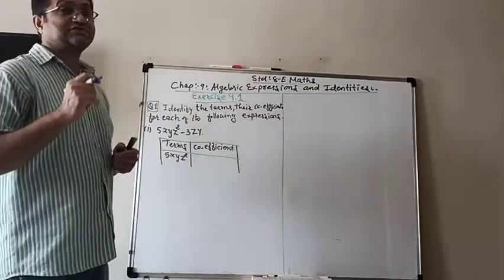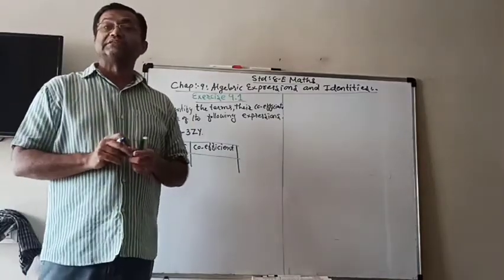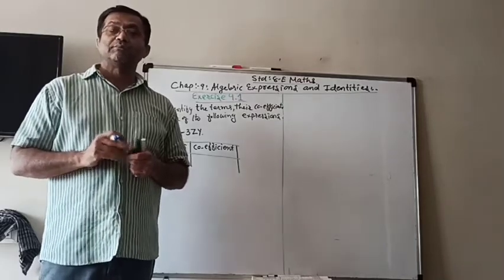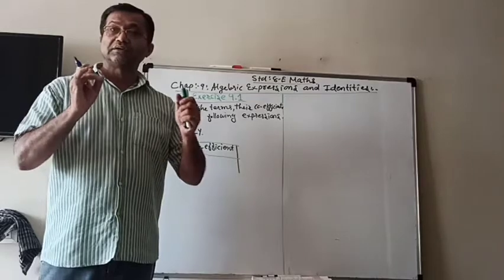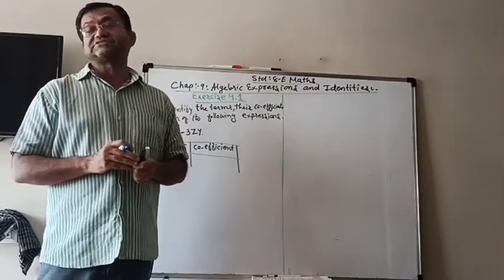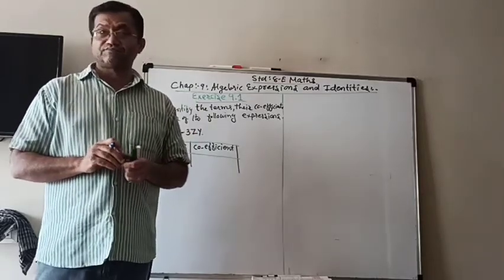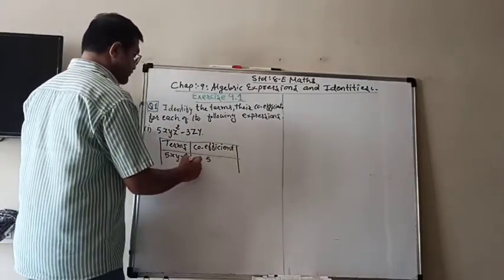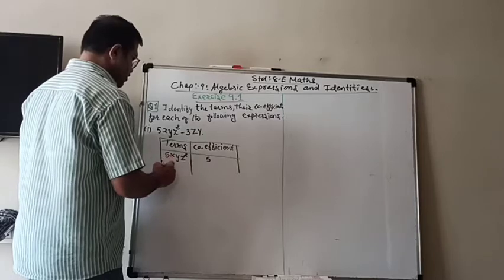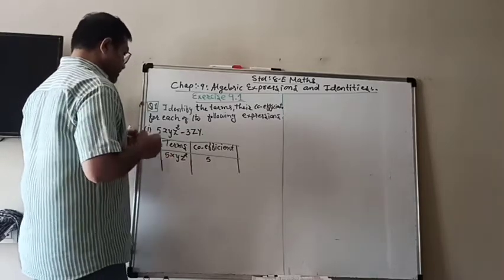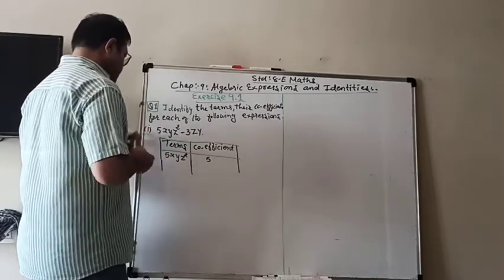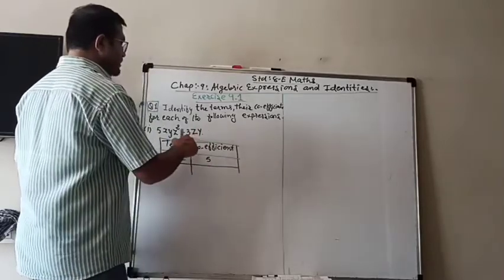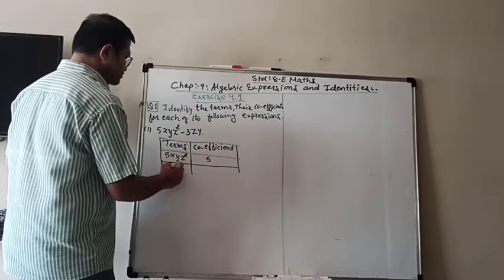Now we know what coefficient means? The numerical factor of the term. Means whatever the constant number is as a factor. So here you can see that 5 is the coefficient. Then the other term is minus 3zy.